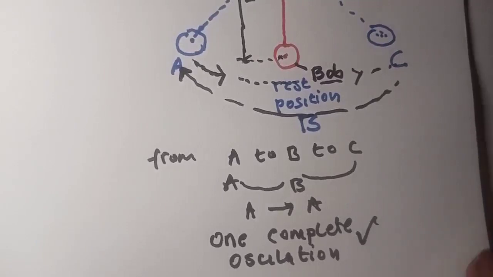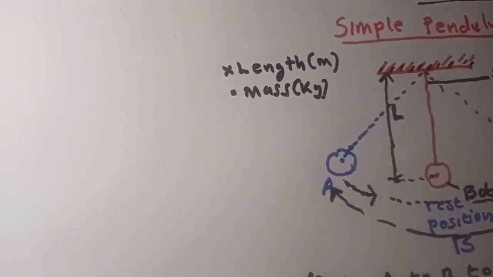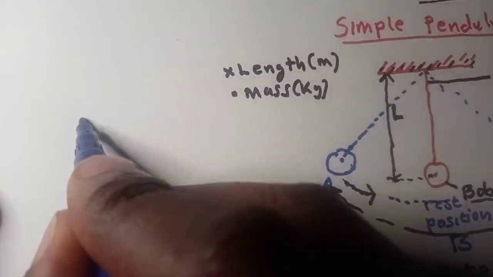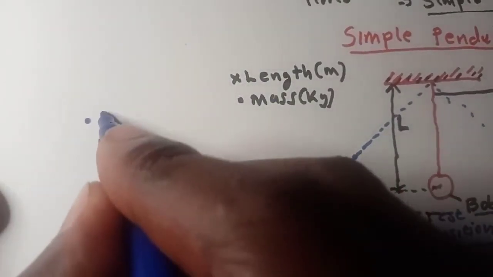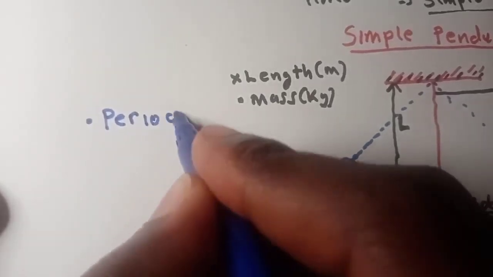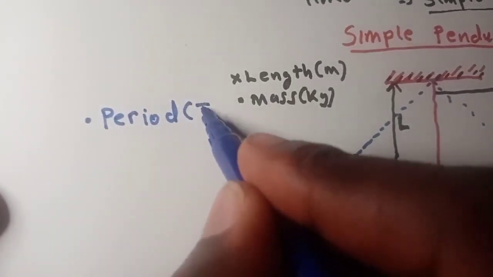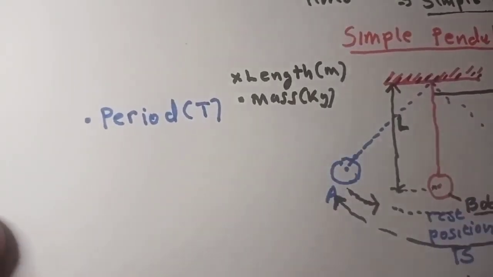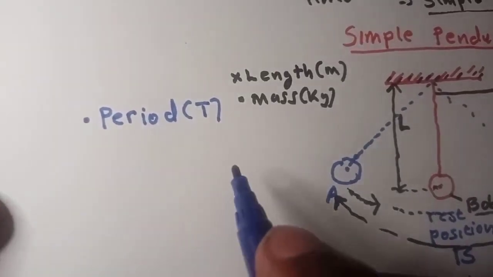So let's look at some of the terminologies that we have to know on simple pendulum. Number one, we have what we call the period. The period is simply denoted by the capital letter T. Period is measured in seconds. It's time.